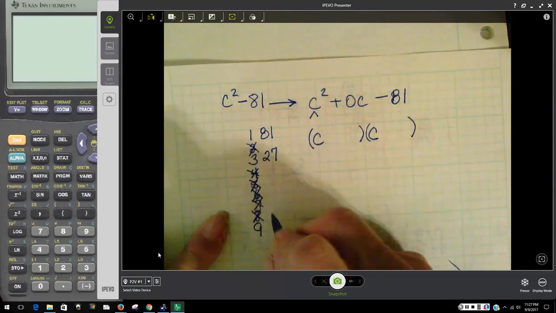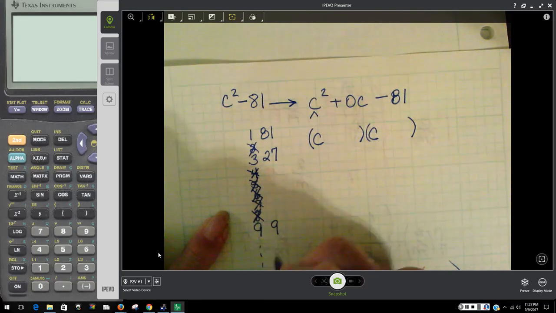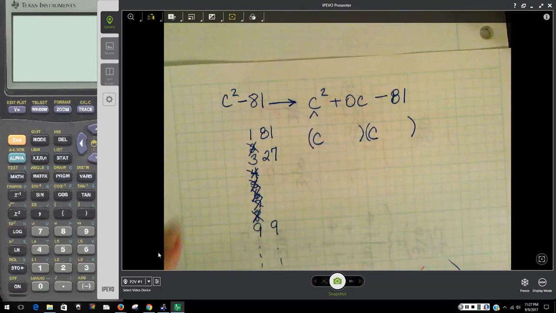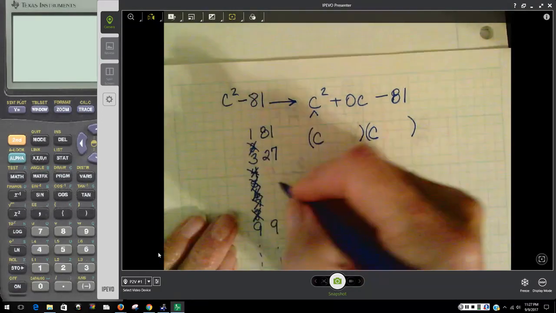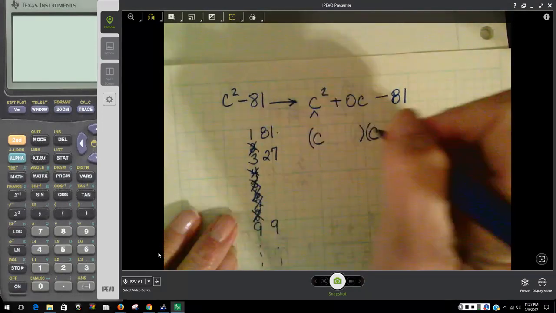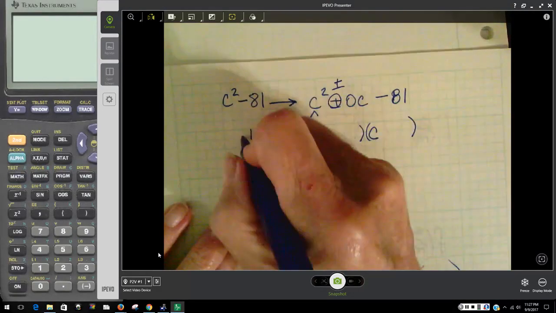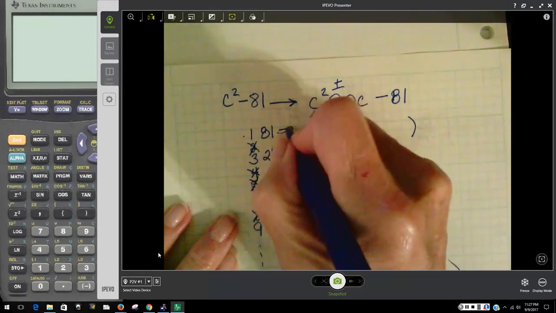It's 9 times 9. And then you can trust me that if you keep on going, you're not going to reach another one that works until you get to 27 again. So, given that this is positive or negative either one, 1 plus 81 is 82, which is obviously not 0.